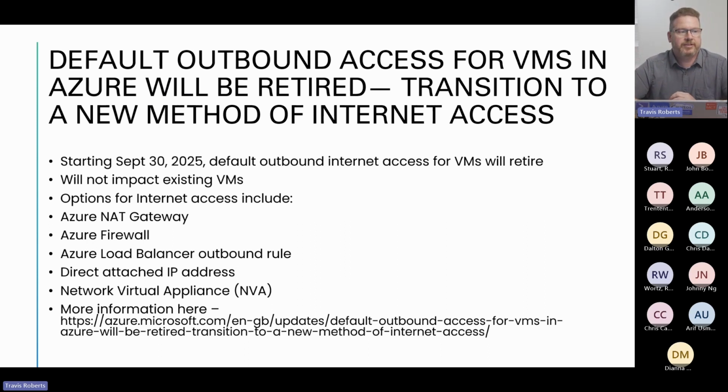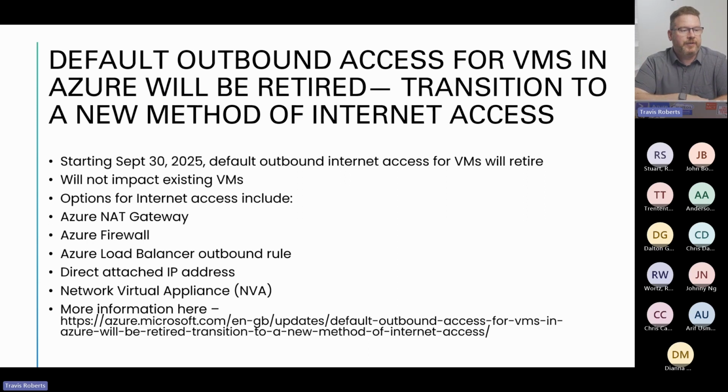That's going to change in September of 2025. They will not do that anymore. So you need to define how your VMs are going to access the internet. I think this is a good thing because you can deploy AVD and they get access to the internet, but if your organization has firewalls with rules on outbound internet access, the users who log into AVD may circumvent that with the default internet access.